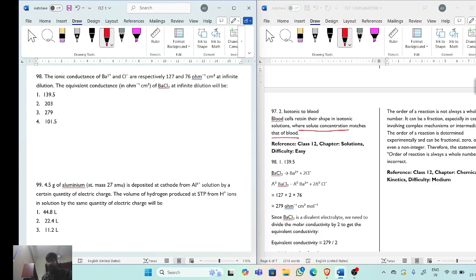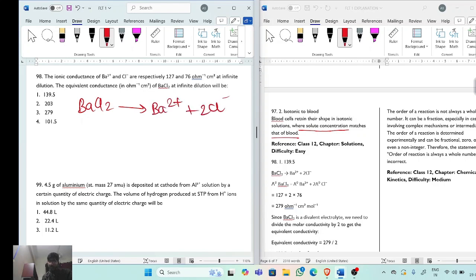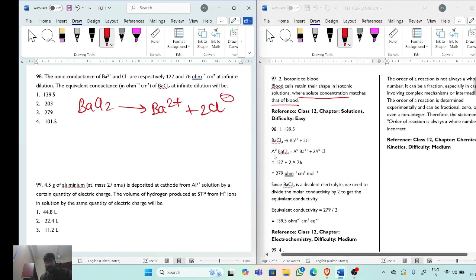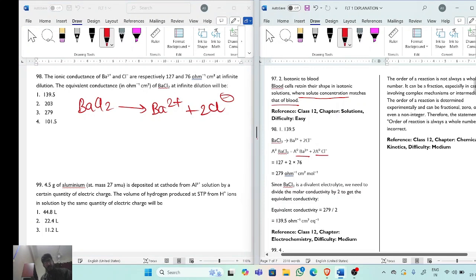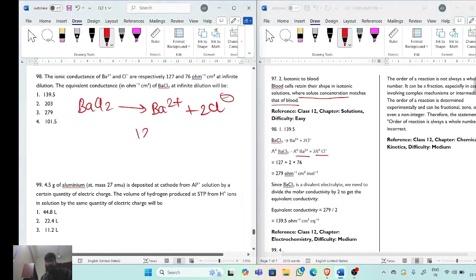The reaction will be BaCl2 gives Ba2+ plus 2 Cl-. So the conductance of BaCl2 will be equal to the conductance of Ba2+ plus 2 times the conductance of Cl-, which is 127 plus 2 into 76, which gives the value of 279.